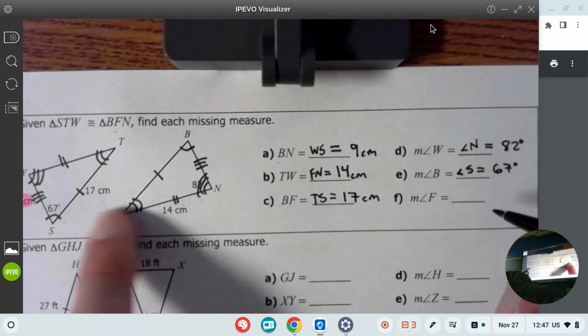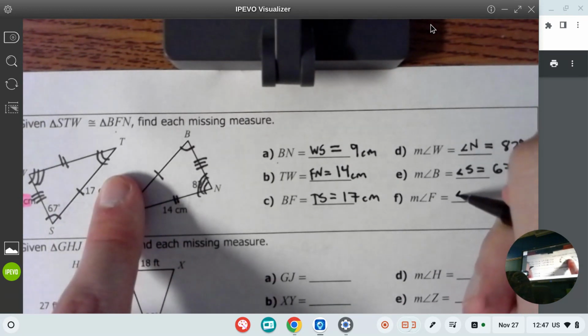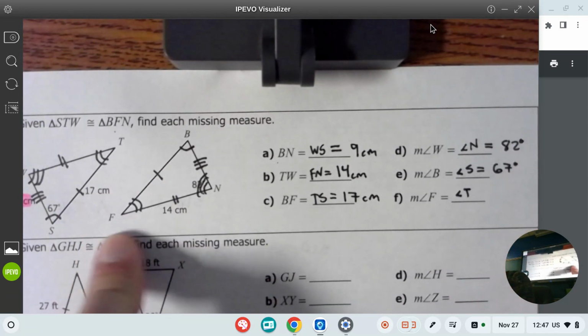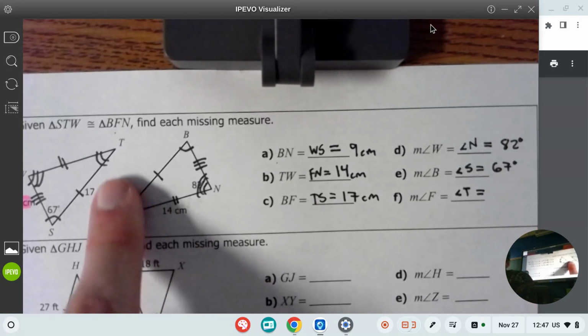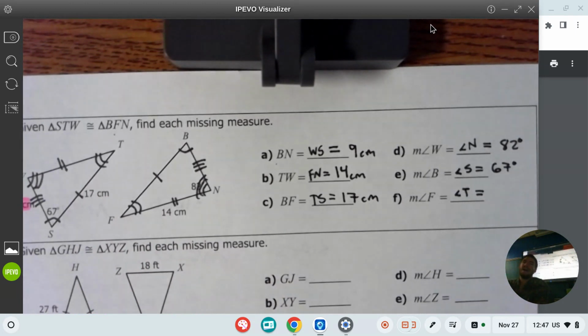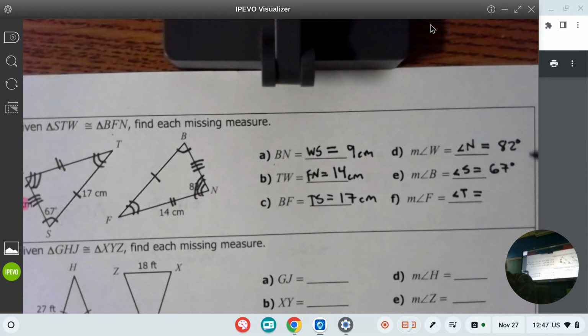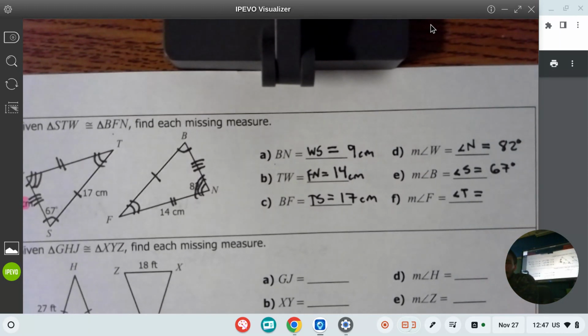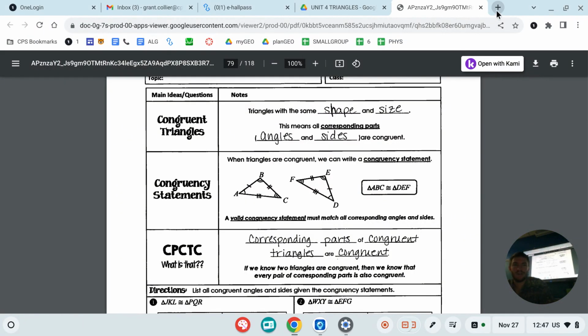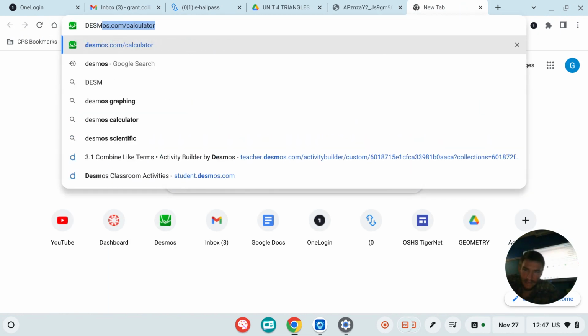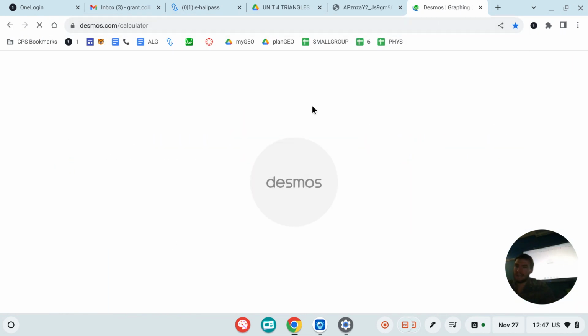F is the double, T is the double, but I don't get the actual measurement of F or the actual measurement of T. So this is where we're building our triangle knowledge. If you know 2 of the angles, you should always be able to find that third angle, right? I know we just had break. All of the angles of a triangle add up to make 180, right?